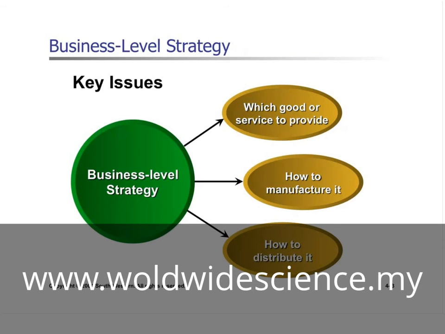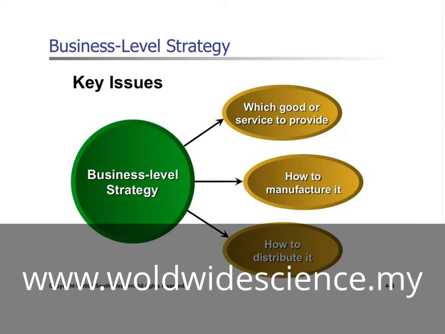Okay. So first, the key issues in business level strategy are which good or product or service. So basically, this will determine what exactly you will be doing, and then how to manufacture that certain good or product or service that you want to produce, and then how to distribute it.